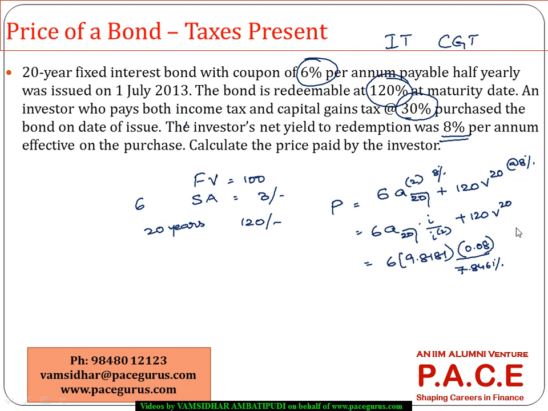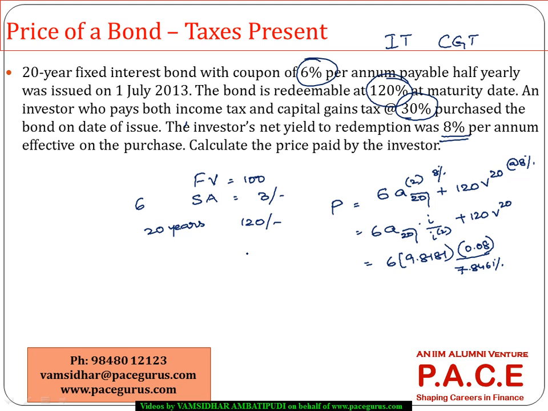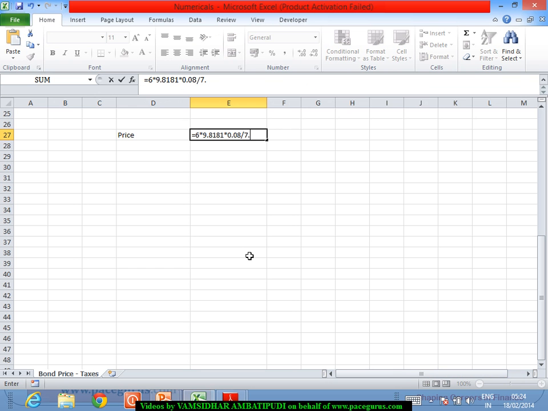So the price of the bond is equal to 6 times 9.8181 times 0.08 divided by 7.8461%.